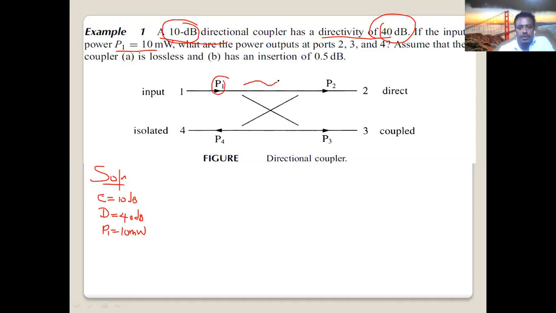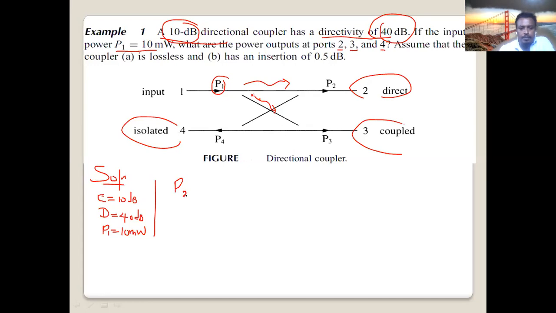This power will be divided by this coupler. How much goes to the direct port? How much power goes to the coupled port? And how much power goes in the wrong direction, the isolated port, which we'll discuss. So what is the requirement? We are asked to calculate P2, P3, and P4.